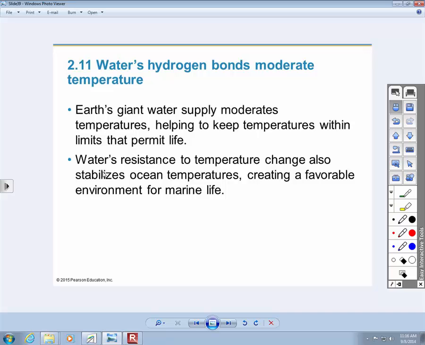It only takes 1 calorie, which is what calories are measured in. Calories are measured in the amount of heat required to change the temperature of 1 gram of water by 1 degree Celsius.